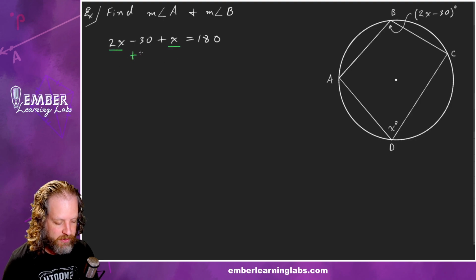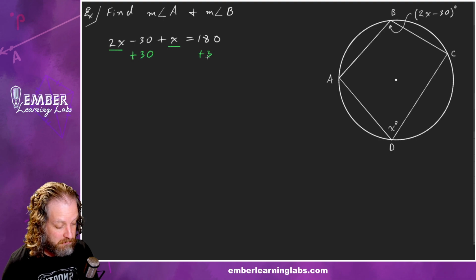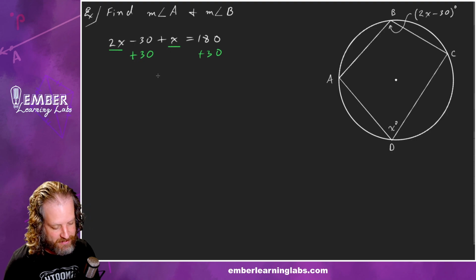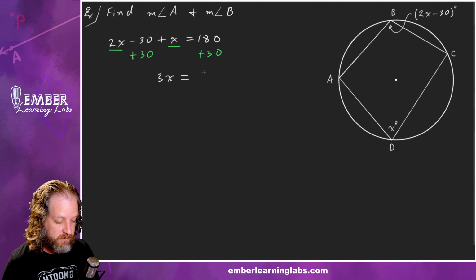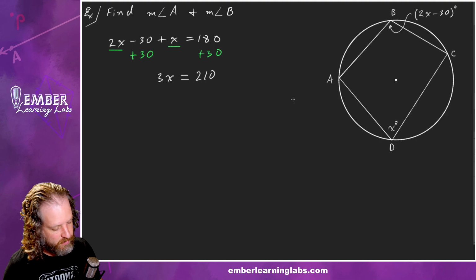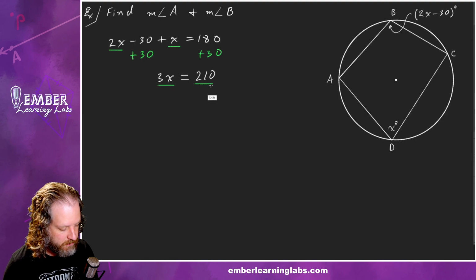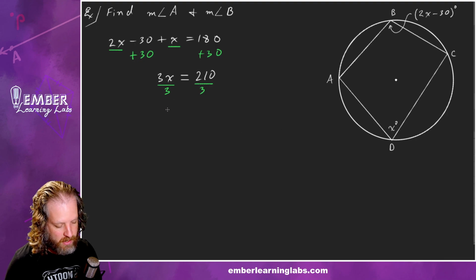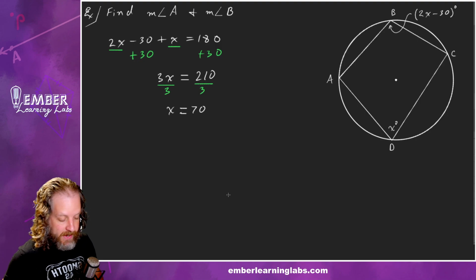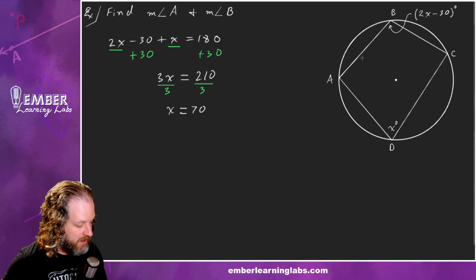We also add 30 to both sides. We're not in Algebra 1 anymore. 2x plus x is 3x. 180 plus 30 is 210. Then we divide both sides by 3. x equals 70.